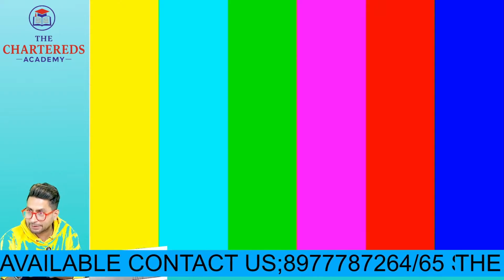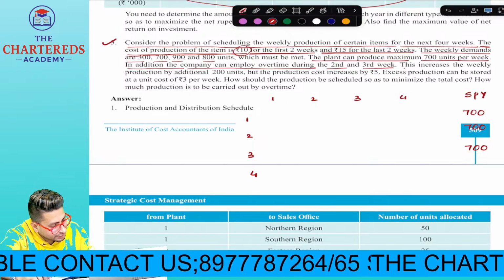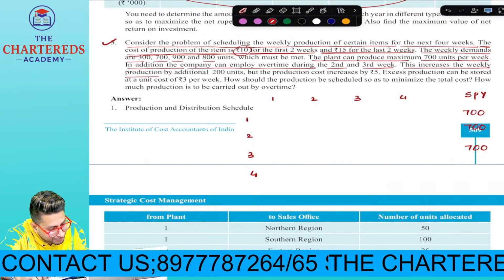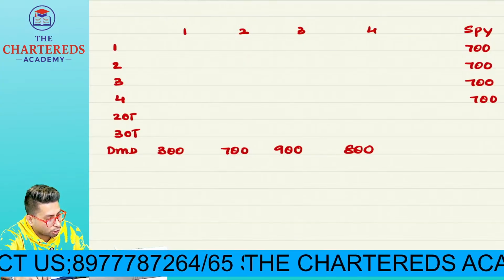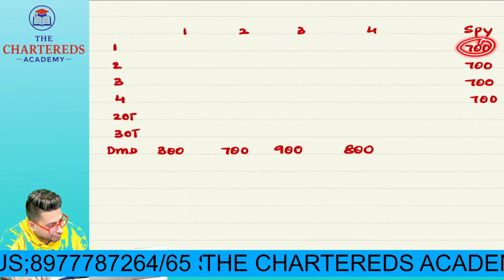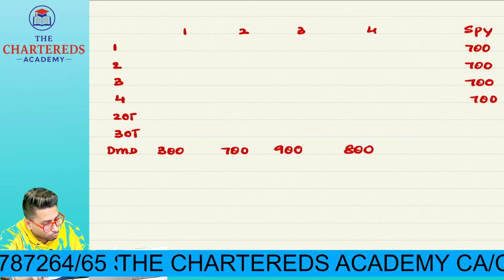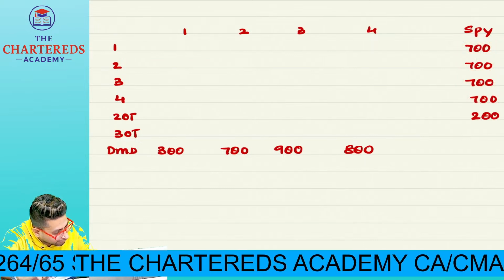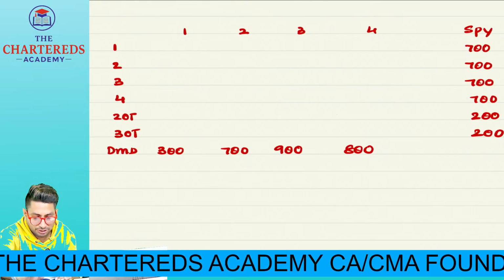Second week overtime, third week overtime. This increases the weekly production by an additional how much? 200 units. Normally it is 700, 700, 700, 700. But in the overtime, it is 200, 200. Now check.